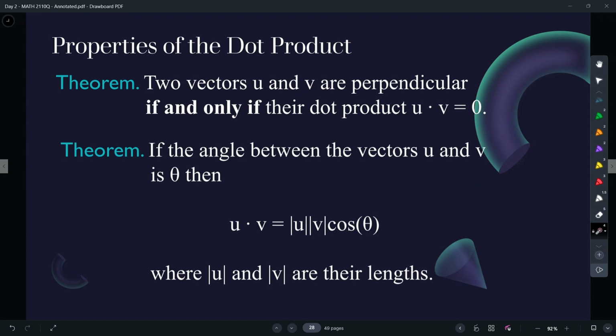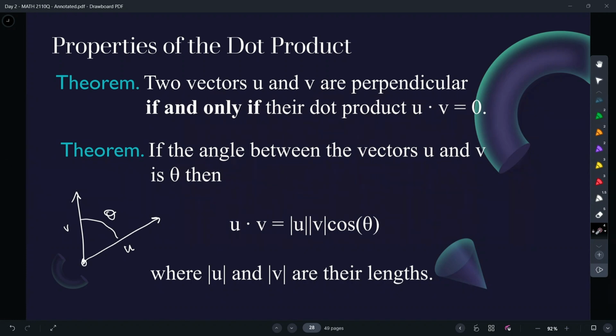It turns out that if the angle between the two vectors is theta, so that means that I have u, I have v, and the angle that they describe is theta, it turns out that there is this beautiful formula that tells me that the dot product of the two vectors is the length of u times the length of v times the cosine of the angle.